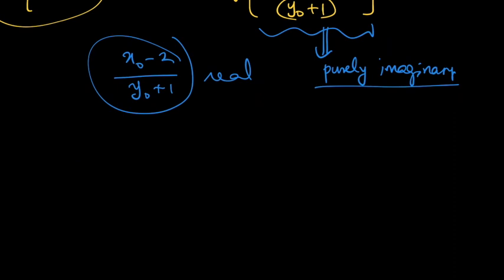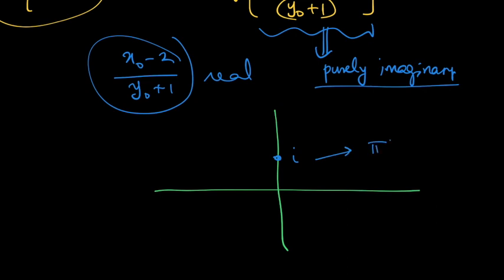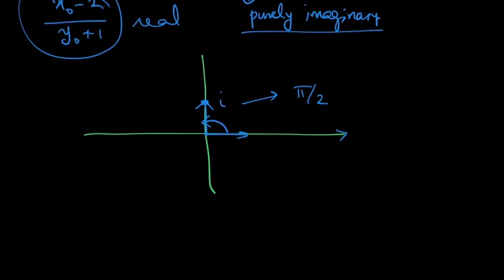See this, if you have a number which is purely imaginary and the number is, say, on the positive y-axis, say it is i, its argument is pi by 2. Why? Because the angle it makes with the positive direction of the x-axis is pi by 2. But when you have a complex number on the negative y-axis, the argument is going to be minus pi by 2.